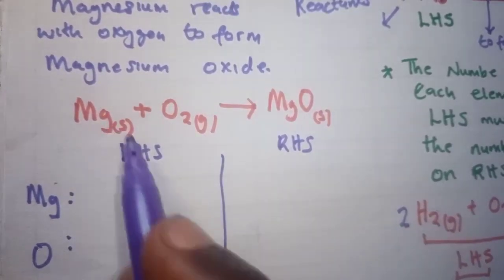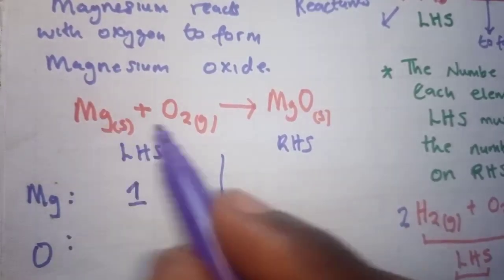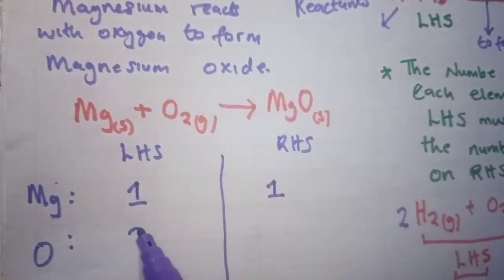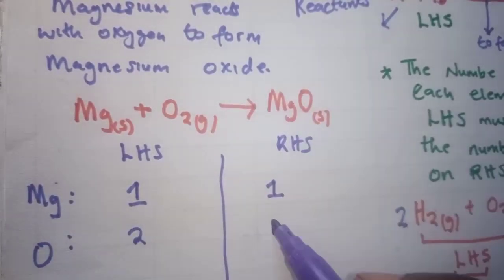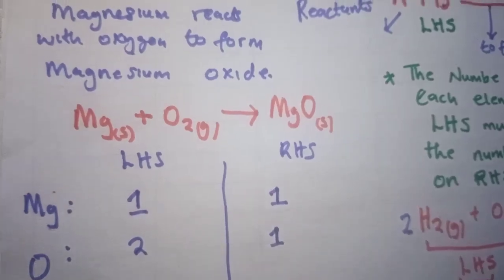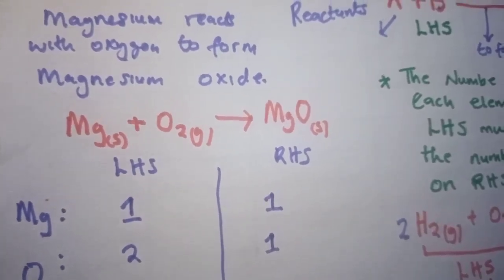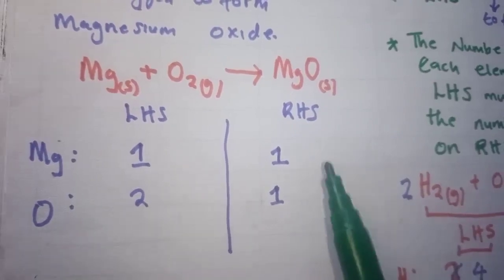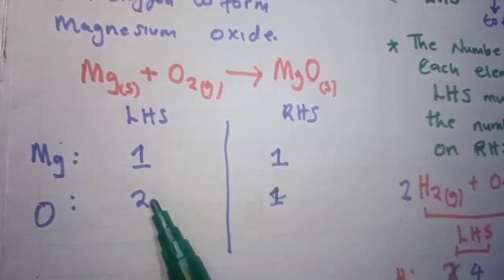This side magnesium 1, also this side magnesium 1. This side oxygen 2, this side oxygen 1. So oxygen is not balanced. Here you only have one, but here you've got two.